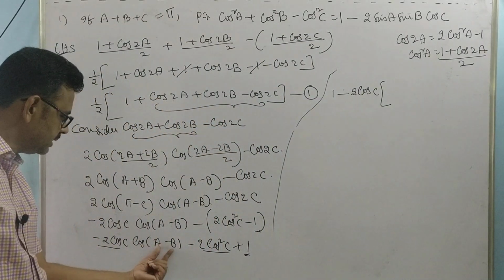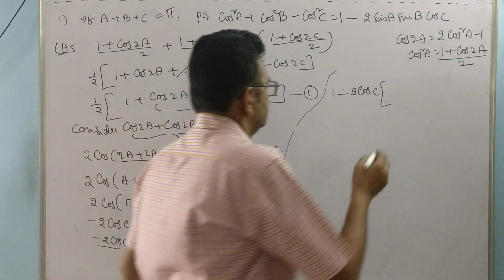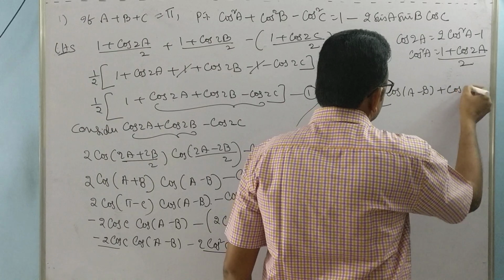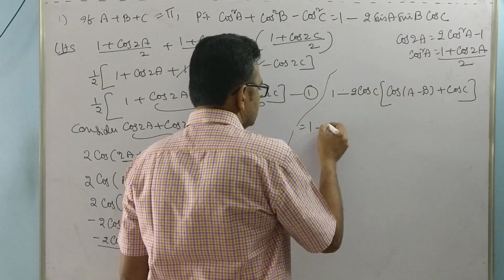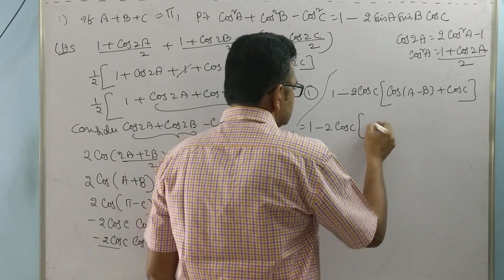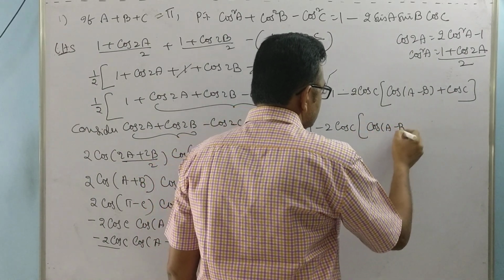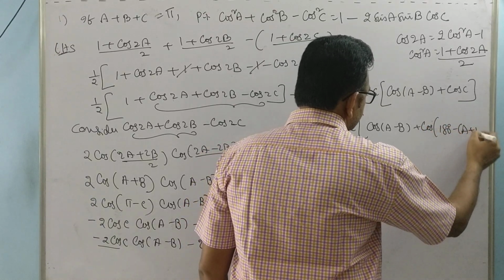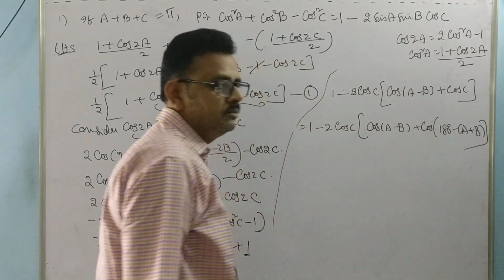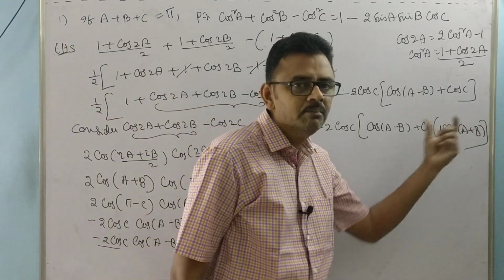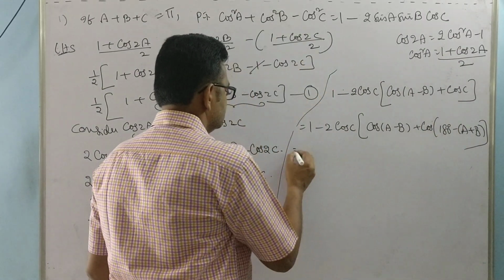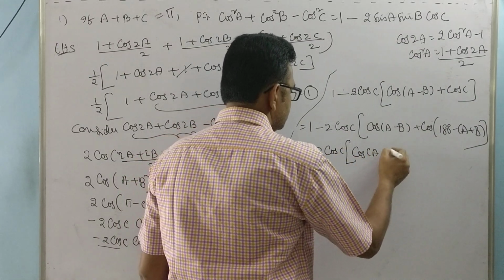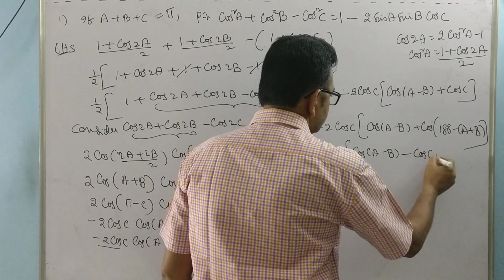So this is cos of A minus B plus cos C. So that is equal to 1 minus 2 cos C into cos of A minus B plus cos of C, which can be written as cos of 180 degrees minus A plus B. Cos of 180 minus theta equals minus cos theta. So this is 1 minus 2 cos C into cos of A minus B minus cos of A plus B.